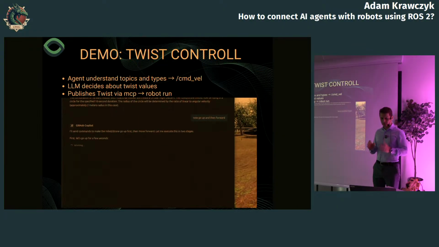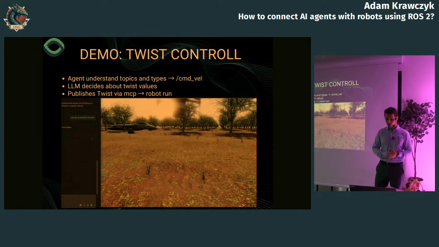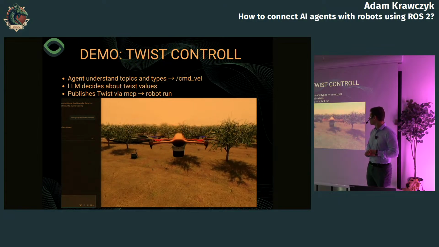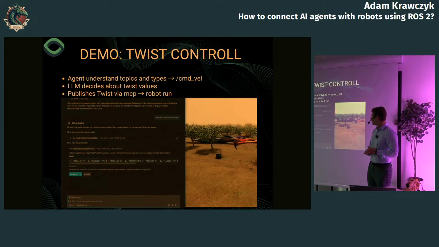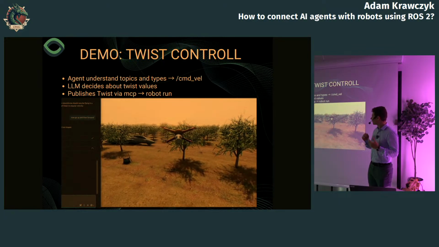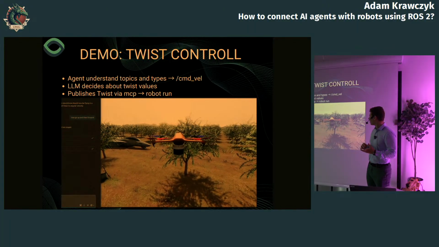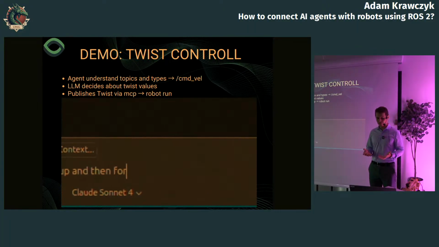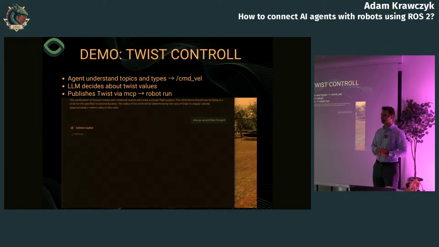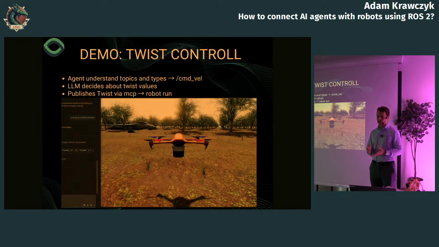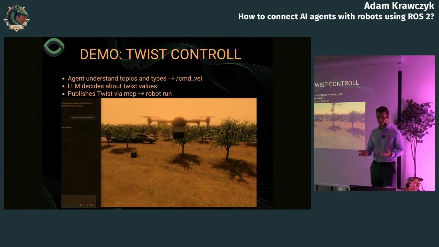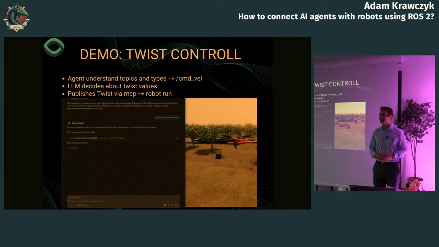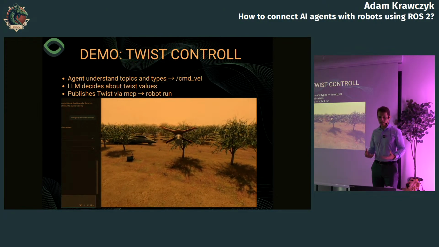And here is a short demo of twist control. The command is pretty simple: go up and then forward. For a human, this might be an easy task, but for AI, it's kind of complex.